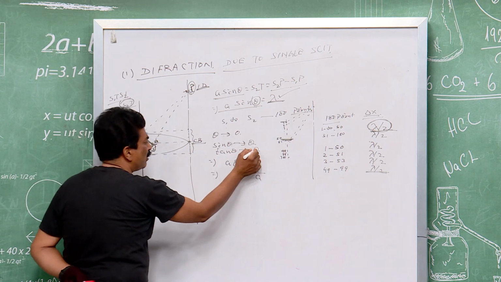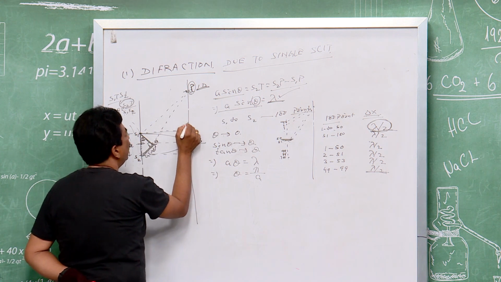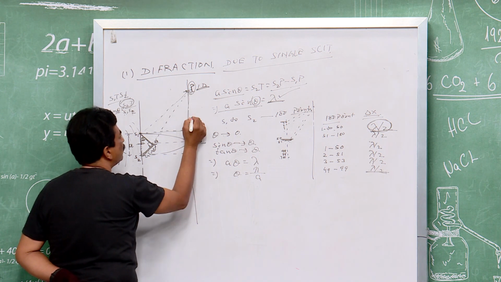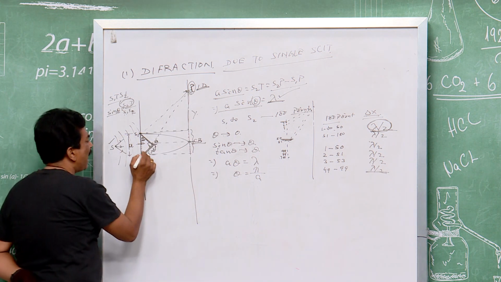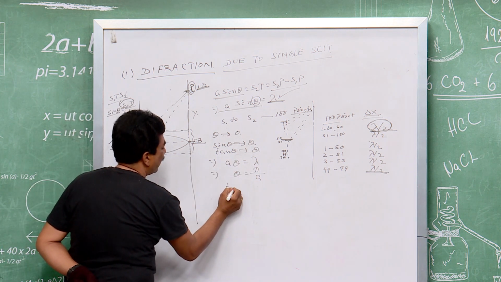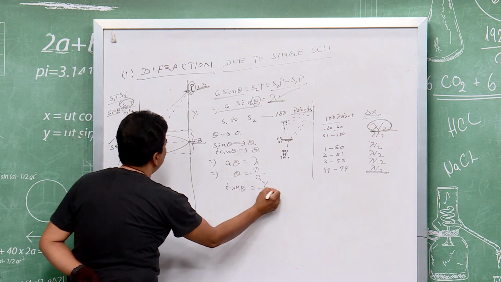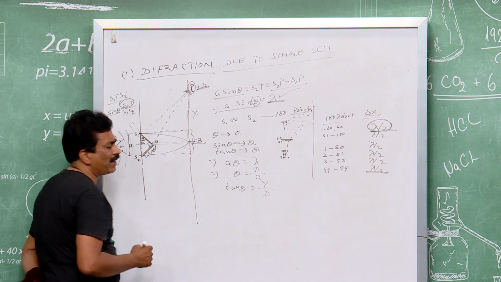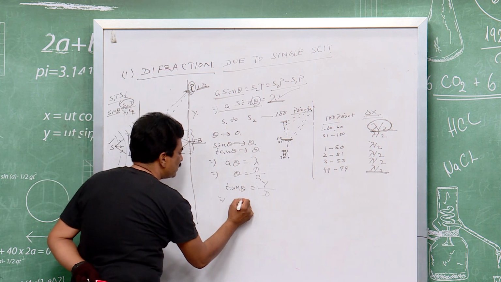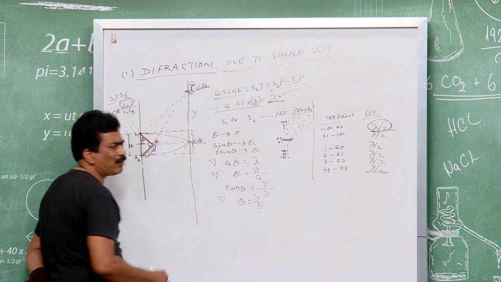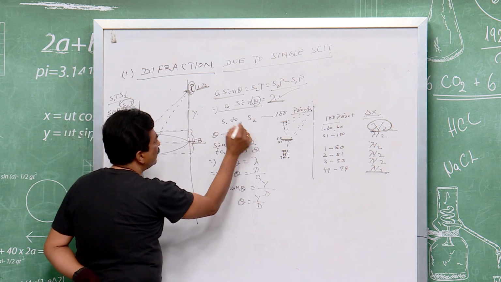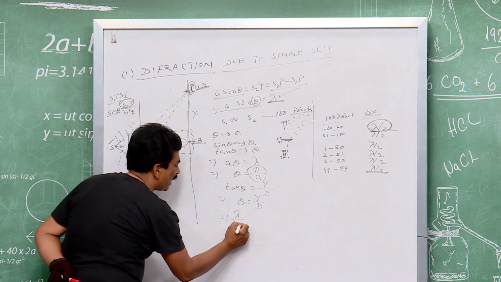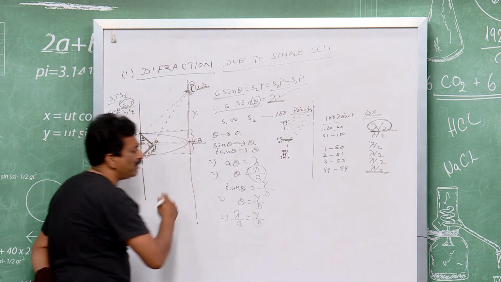So, for this triangle, if we take tan theta, the distance from the central point to this point is y, and tan theta is y by D, that is perpendicular by base, equal to y by D. So tan theta is nearly equal to theta, which is equal to y by D. But theta is equal to lambda by a, so lambda by a is equal to y by D.